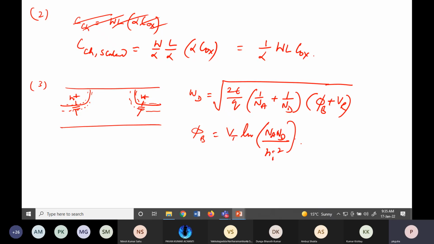And Vr is the reverse bias voltage, because this is in reverse bias, right?